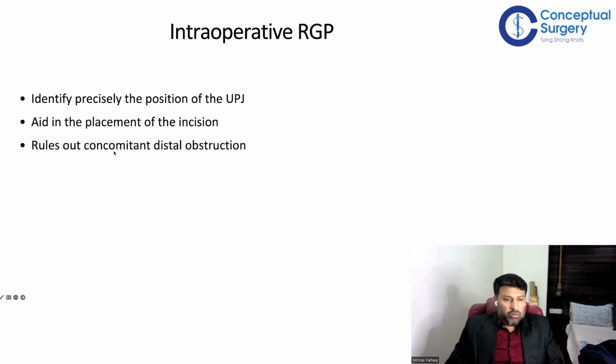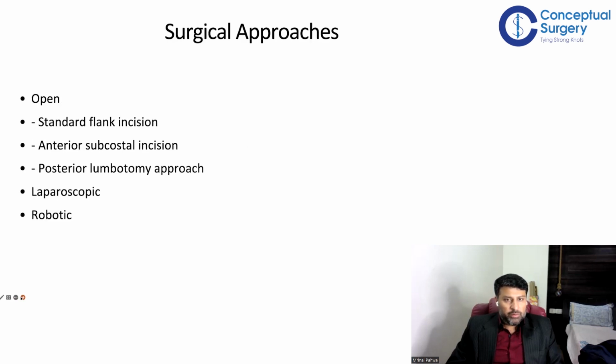Also, it gives information about distal obstruction, whether there is any obstruction at the level of the vesico-ureteric junction. Because in some 10-15% of patients, there is a concomitant VUJ obstruction as well, along with the UPJ. So, doing an RGP confirms all this.